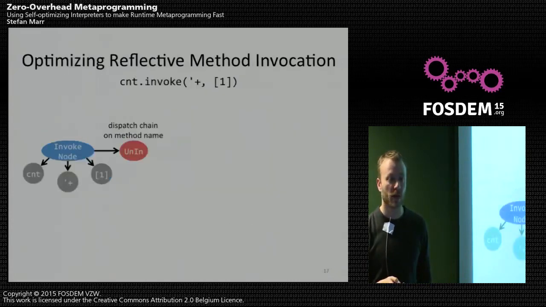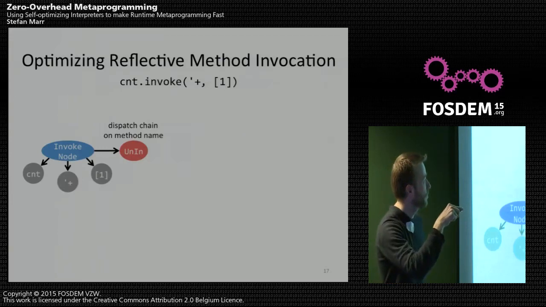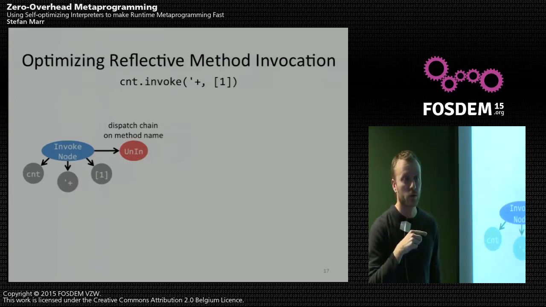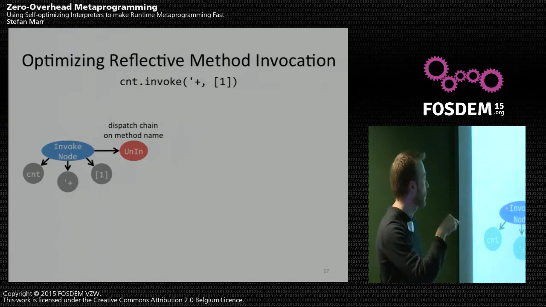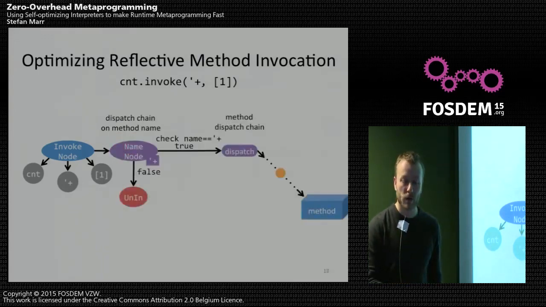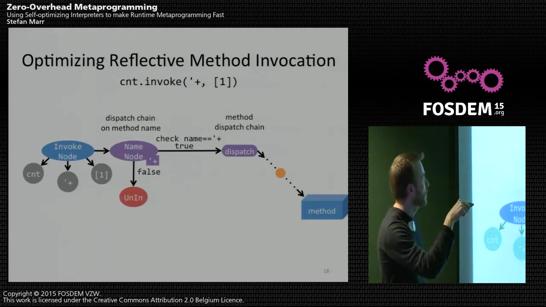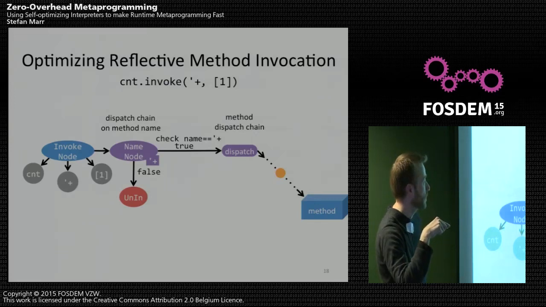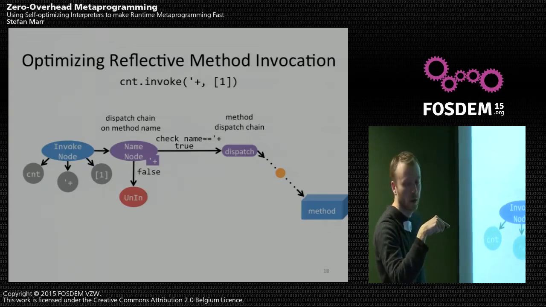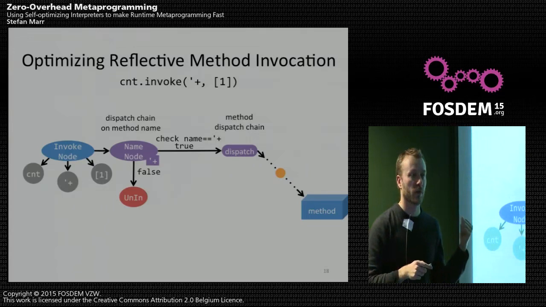Now back to our little reflective example. Remember, perform with a symbol, and here we just generalize that idea. We have our little invoke node here, and also a dispatch chain. And here we resolve that plus first. So we note that we get a plus symbol provided as a parameter, and then we cache that. We have that check again, in case some other symbol comes along dynamically at some point. And then we just nest that kind of dispatch chain again, where we do the thing I just showed on the slide before.